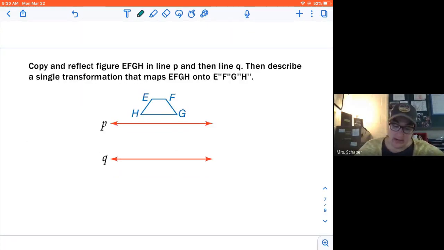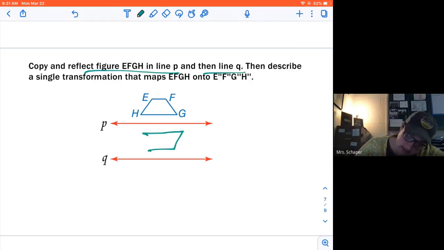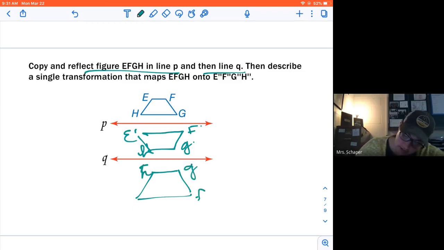All right, so copy and reflect. So if we're going to take this and do reflected in line P and then line Q. So when I look at this, it's going to be E, F, G, H. All those are prime. And then double prime is going to be H, G, F, and E double prime.